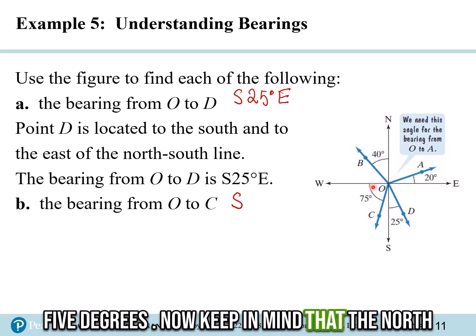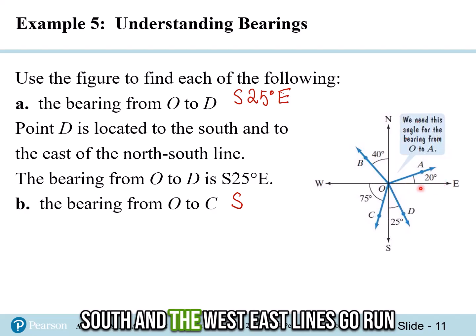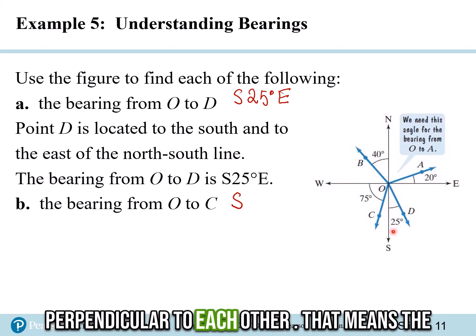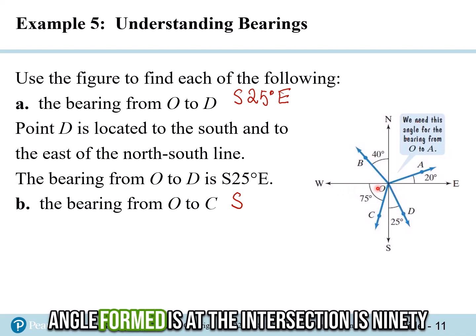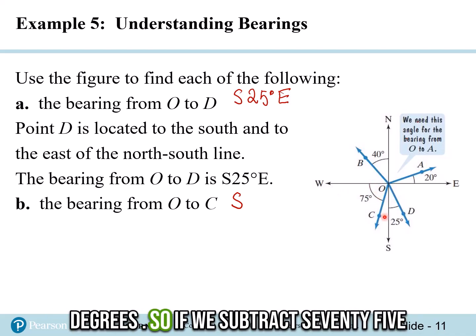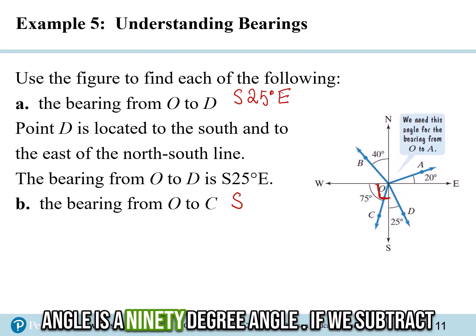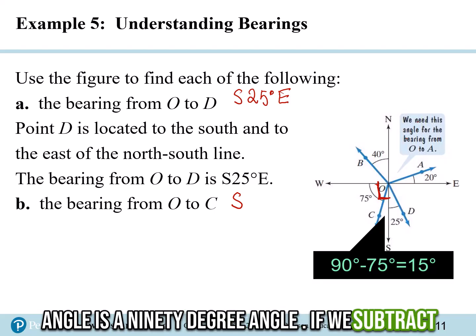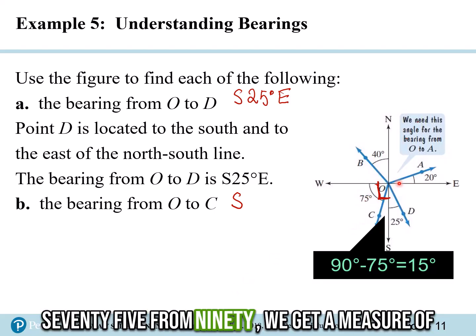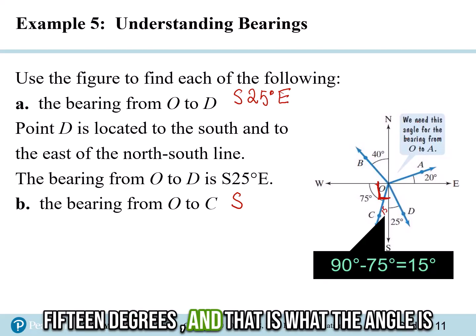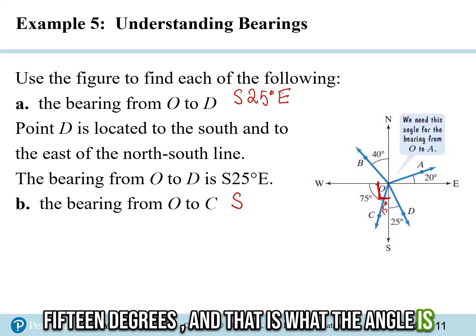Now keep in mind that the north-south and the west-east lines run perpendicular to each other. That means the angle formed at the intersection is 90 degrees. So if we subtract 75 degrees from 90 degrees, this entire angle is a 90-degree angle. If we subtract 75 from 90, we get a measure of 15 degrees, and that is what the angle is going to be.